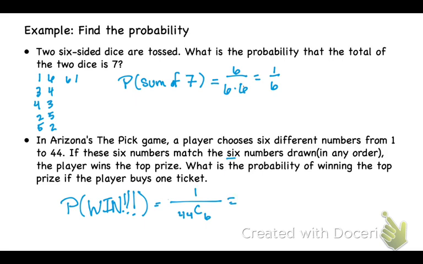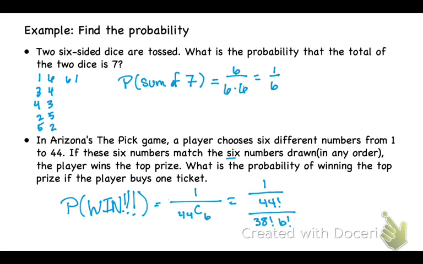So we need to do our formula, or we can use our calculator to do that, can't we? You guys are going to set it in the formula, but then we're going to put it in our calculator. So what's the formula for 44, choose 6? 44 factorial over 6 factorial and 38 factorial.